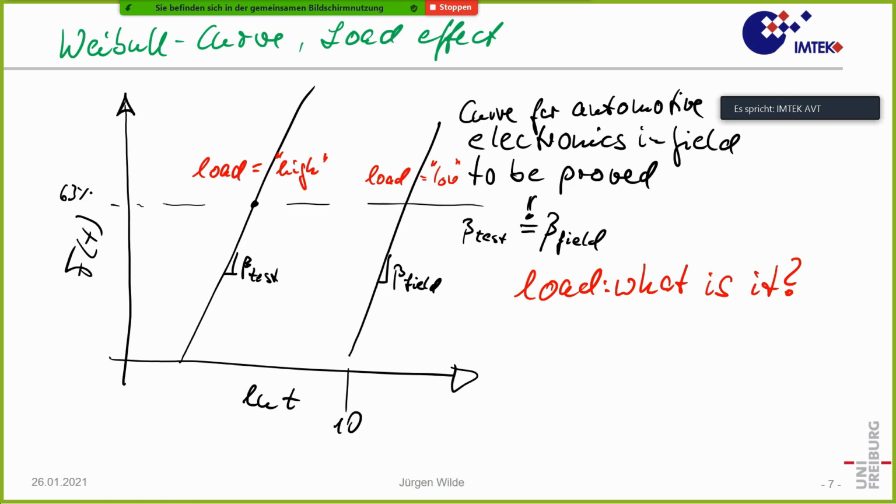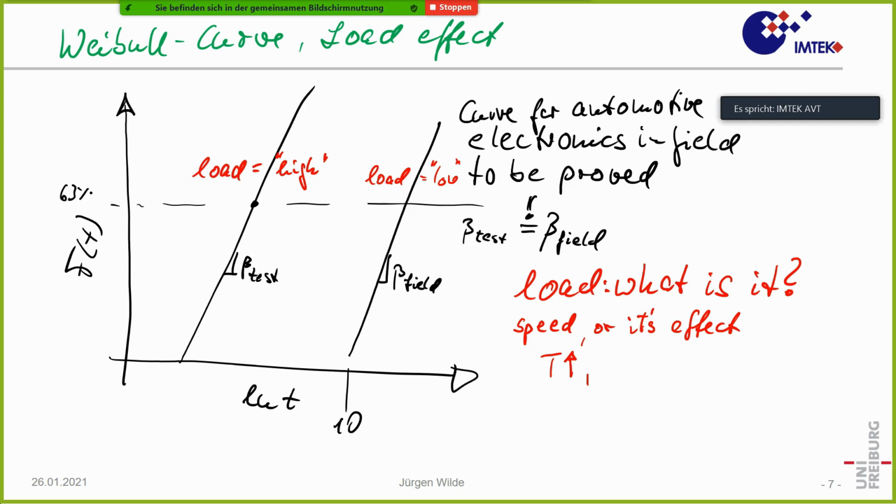That can be quite different. We can either consider load on a system level, it could be the speed at which we drive, or it could be its effect on the material. For instance, if you have an electric vehicle and you drive faster, you also will have higher temperatures in your semiconductor.